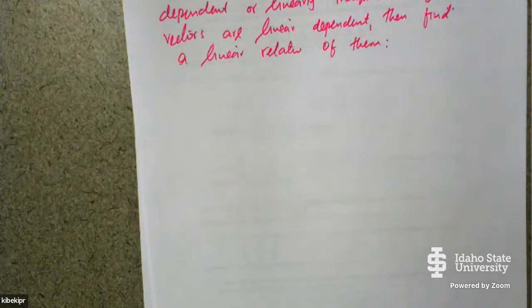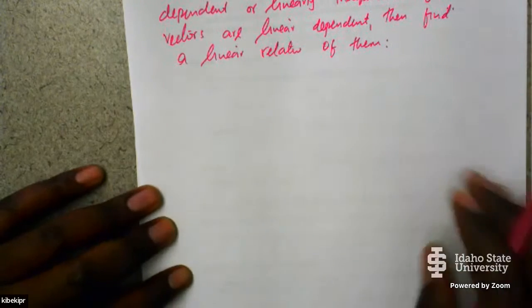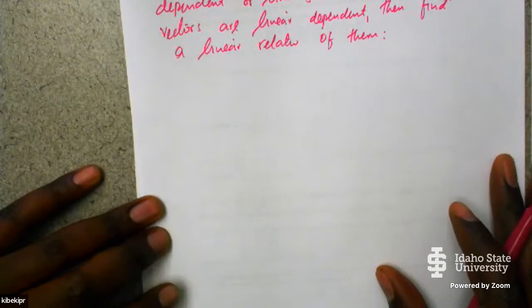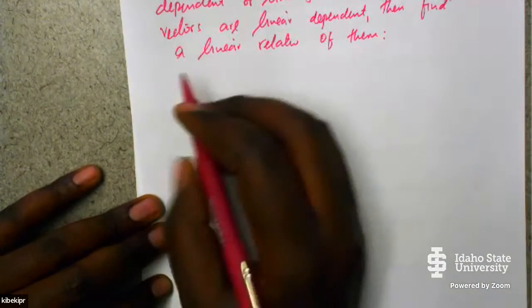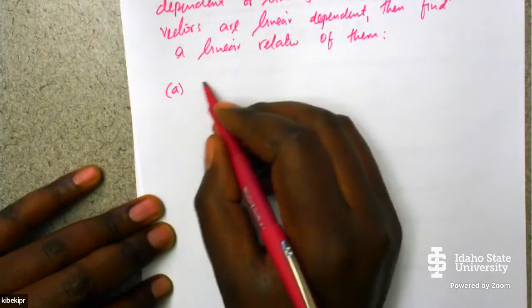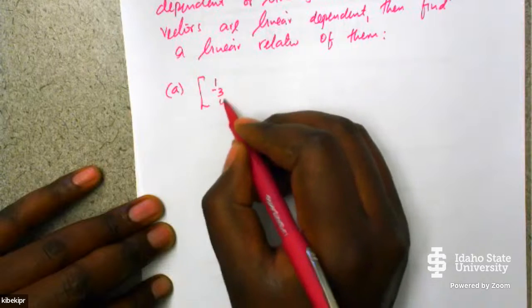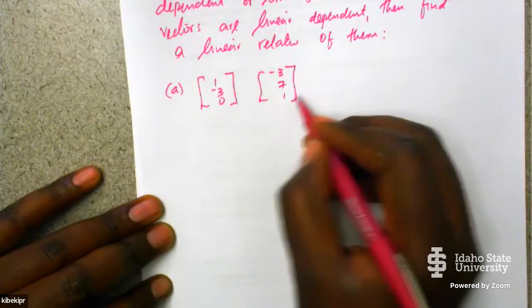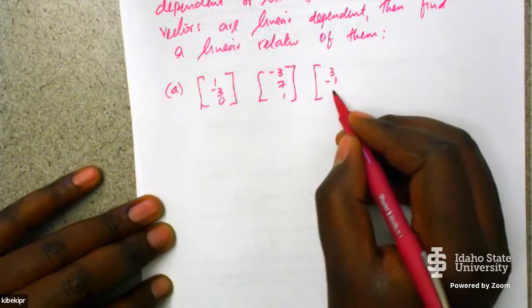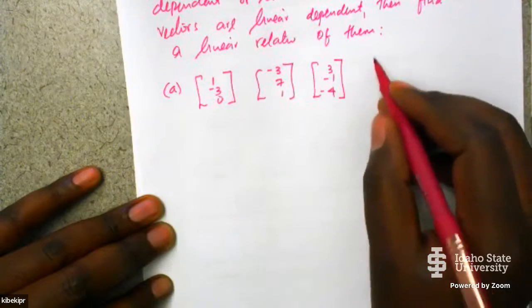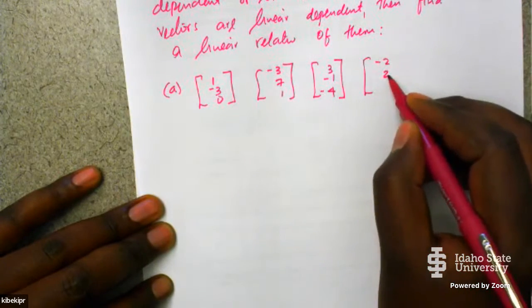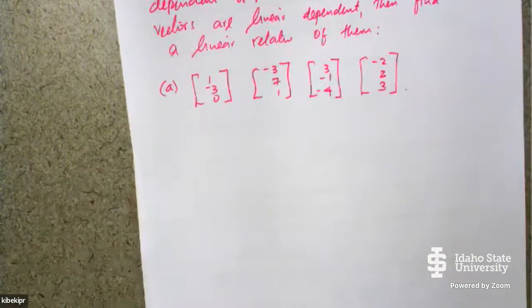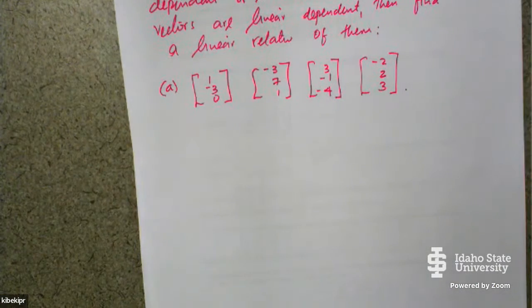So if we have these vectors, number A: 1, -3, 0; -3, 7, 1; 3, -1, -4; and -2, 2, 3. Now determine whether this is linearly dependent or linearly independent.